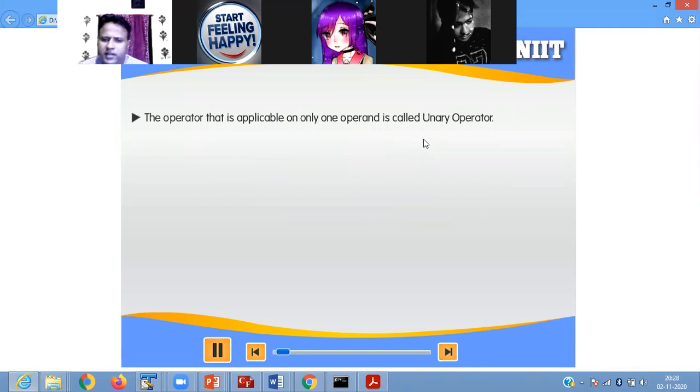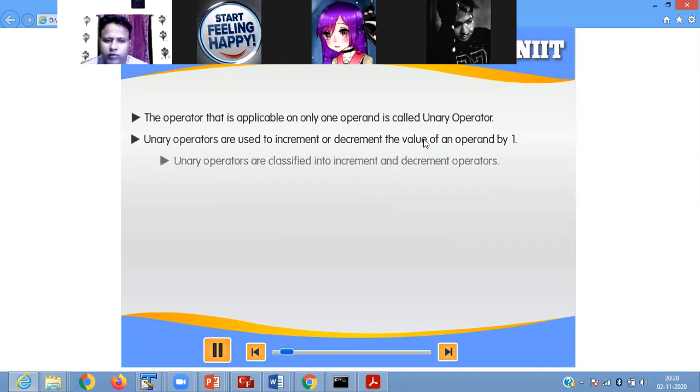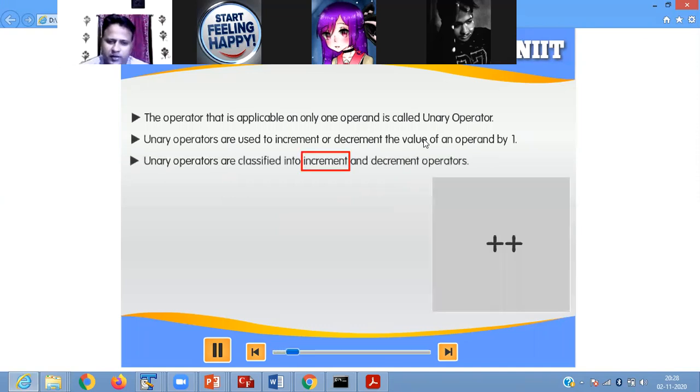This operator is applicable for one operand and is called a unary operator. Unary operators are used to increment or decrement the value of the operand by 1.